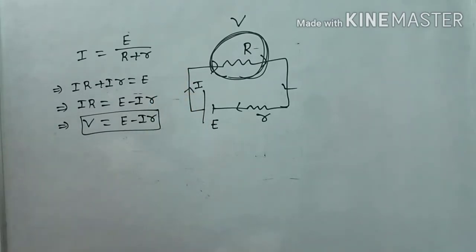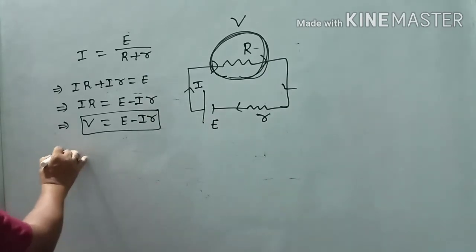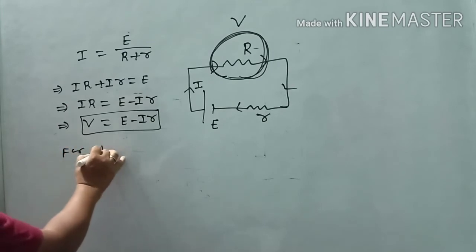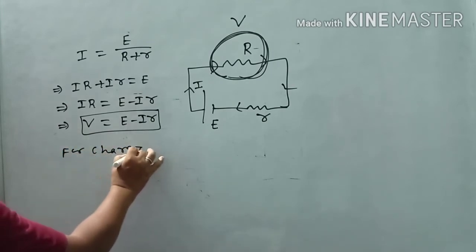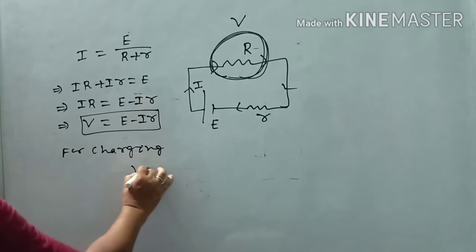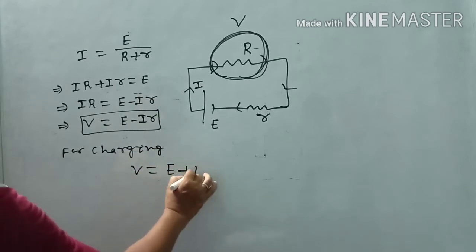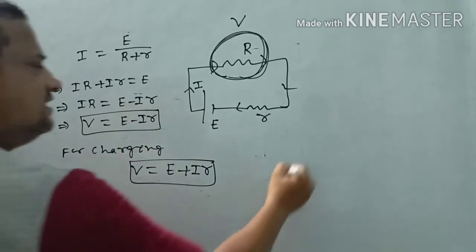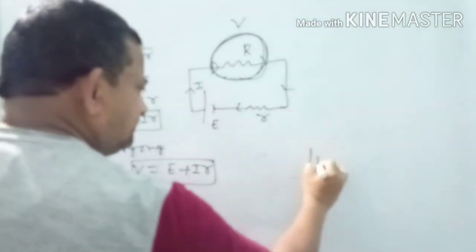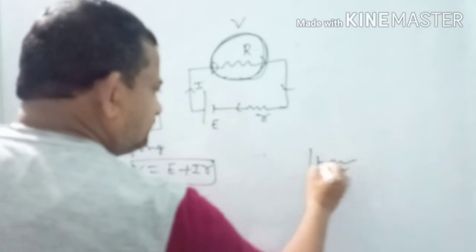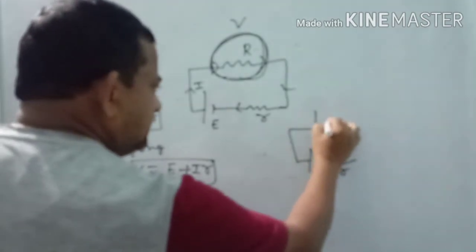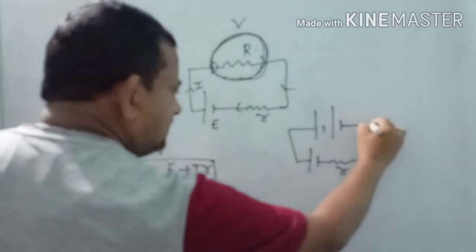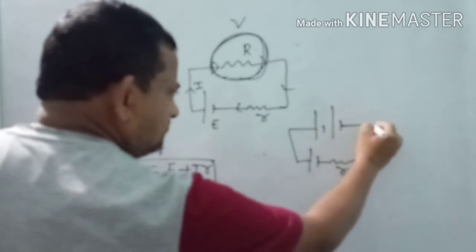But if it is charged, you know some cells are charged. So if a cell is charged, I mean for charging, the formula will be V is equal to E plus Ir. Why? Because in case of charging, this is the case. Here is a case of charging.